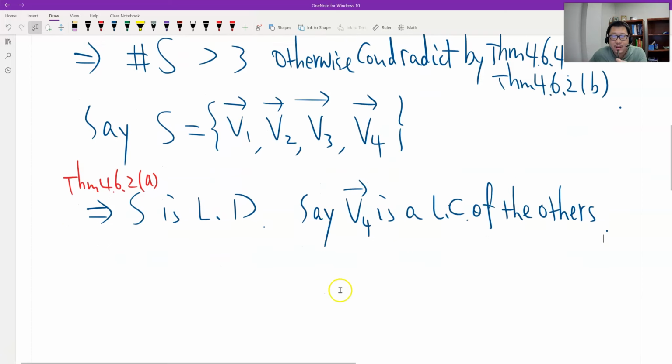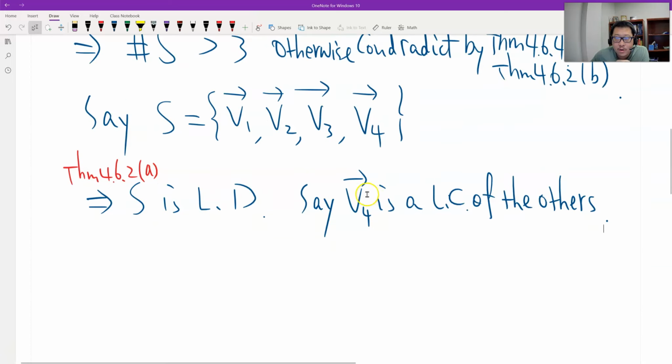Now we can remove V4 from the set S so that we still have the same span, because we have a theorem, the minus theorem already stated.